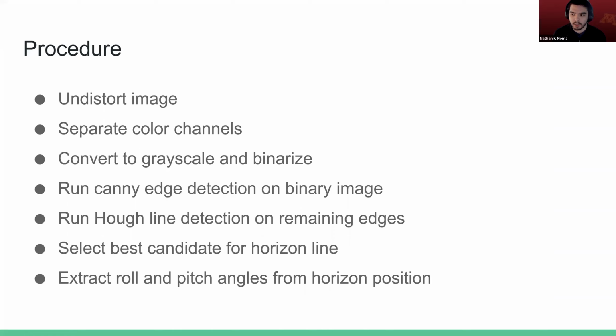Luckily, we had a blue sky, so we were able to extract separate color channels. I'll go into that in further detail later. Basically convert it to grayscale and binarize the image. Run edge detection to detect where the horizon could possibly be. Run a Hough transform on it to detect likely candidates for large linear segments in the image. Select the best candidate for the horizon line and extract the roll and pitch data from that.